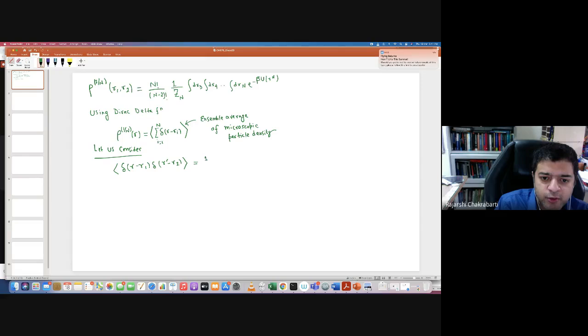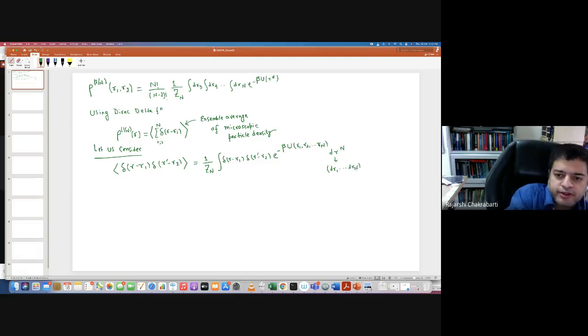So it is going to be something like 1 over Zn, and then I should multiply this with exponential of minus beta u, which is a function of r1, r2 up to rn, and then I integrate over all position coordinates. Is this clear to all? The definition? This is averaging. How do you average? Just look at it.